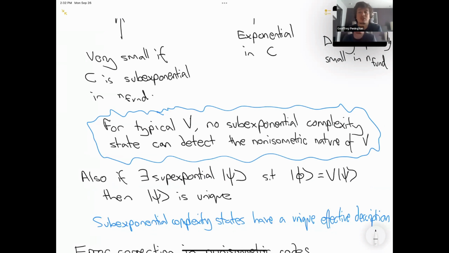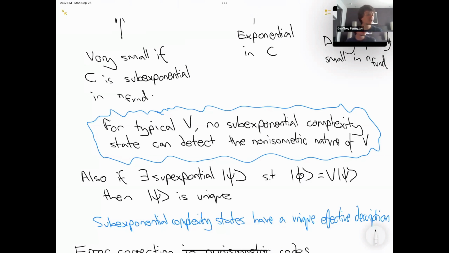It's pretty simple to see that's true. So if we have a sub-exponential complexity state in our fundamental description, then it will have a unique effective description. There's no ambiguity in the effective description until you get to these crazy high complexity states where we shouldn't even believe in the effective description.